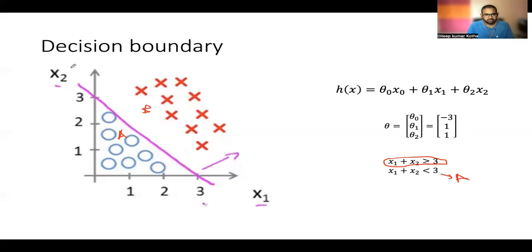It's not like x1 and x2 values here, but for simplicity's sake, those are plotted here. If the hypothesis values cross this decision boundary, we take them as class B, and if they are below it, we call it class A. We'll see more about this decision boundary later on.